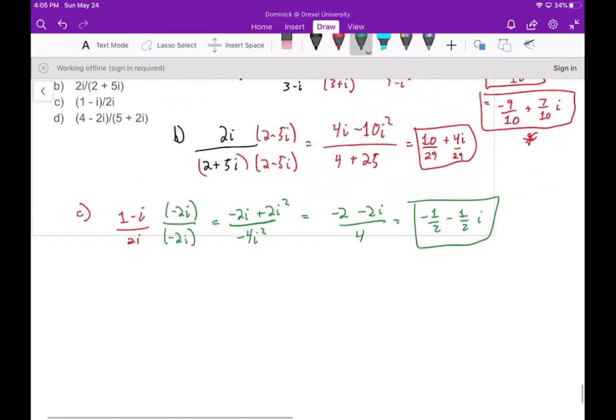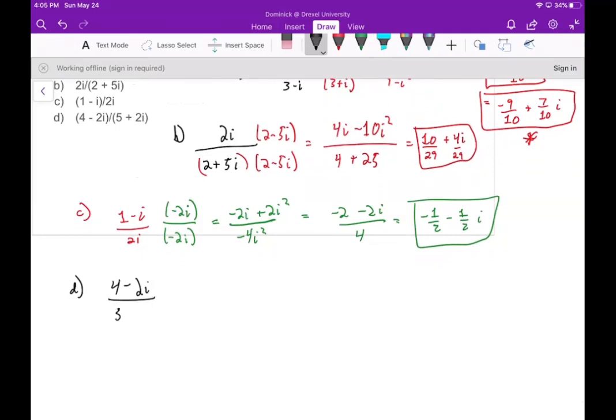Okay. And then finally, part D, we have 4 minus 2i over 5 plus 2i. So if we multiply by the conjugate, we're multiplying by a 5 minus 2i. So in the bottom, we're going to get a 25 plus 4 once all is said and done, right?